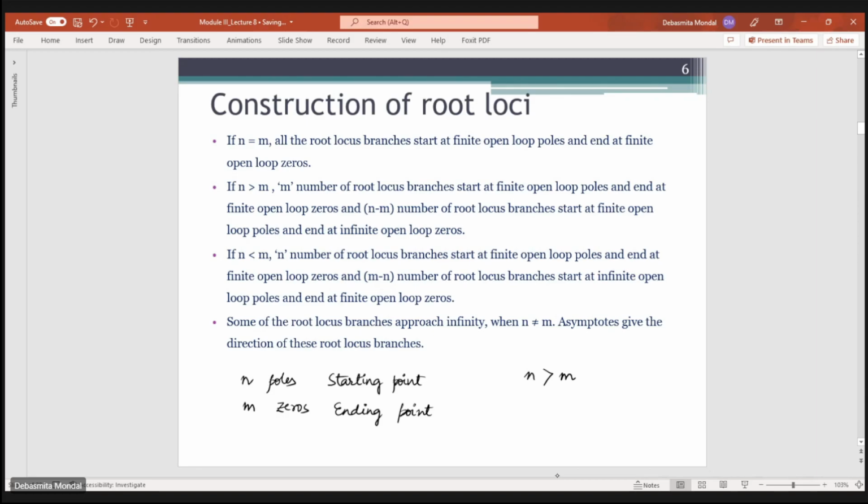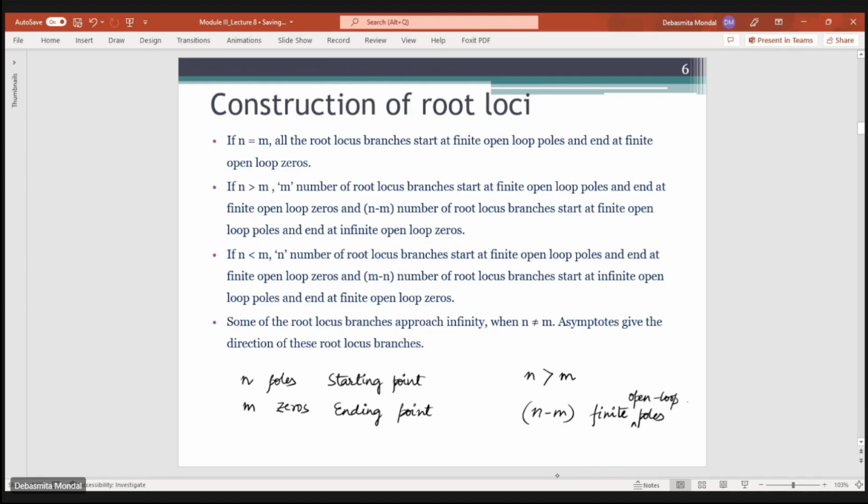Now you have something extra: n minus m finite open loop poles which do not have a corresponding finite zero where the root locus can end. So what will those root locus branches do? They will start at a finite open loop pole and end at infinite open loop zeros.